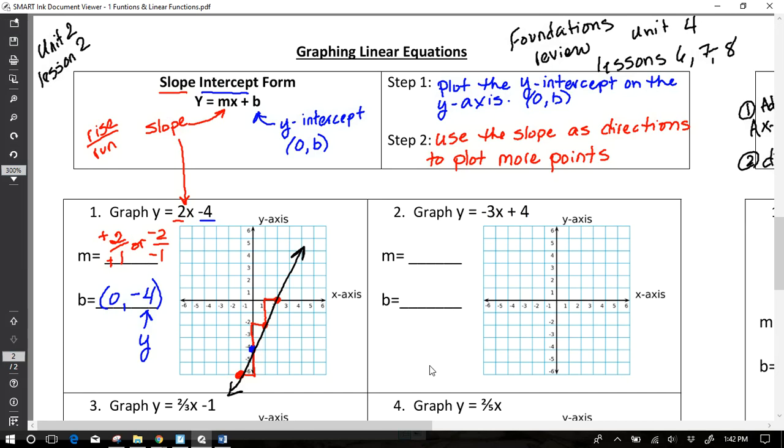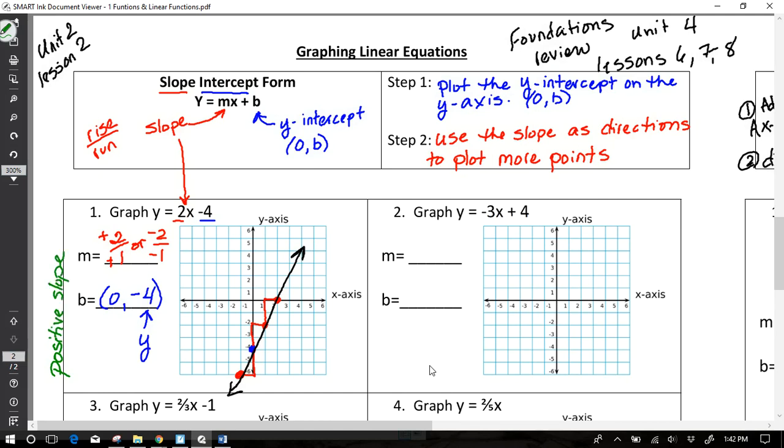And then just a quick review of what kind of slope this is. Let me do this in green. This slope was a +2 slope, so this is a positive slope.